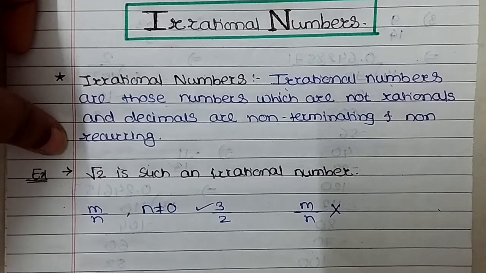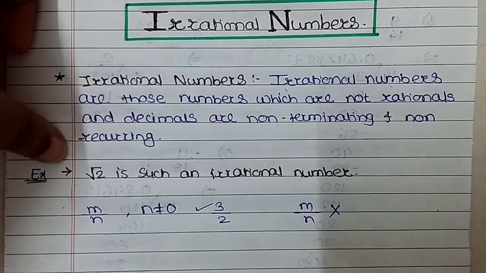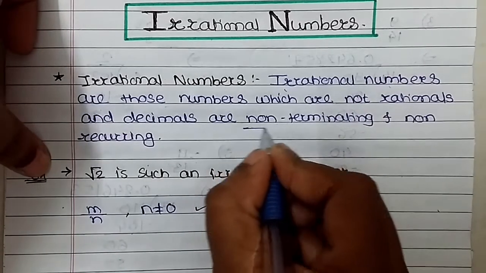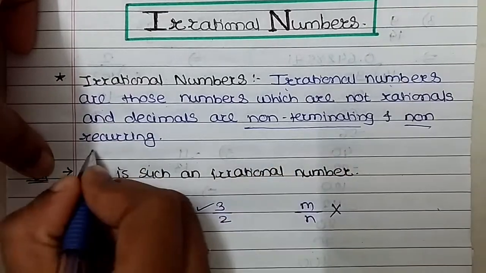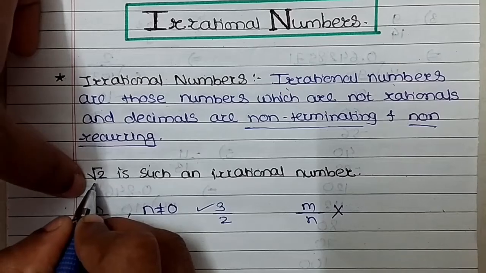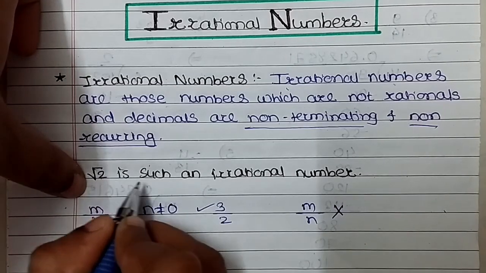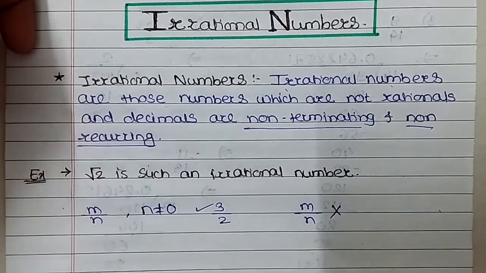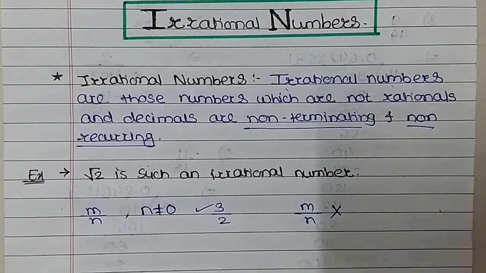Just remember that irrational numbers are those which are not in the form of rationals, that is, not in the form m upon n, and their decimals are non-terminating and non-recurring. An example of this is root 2. Root 2 is an example of an irrational number.